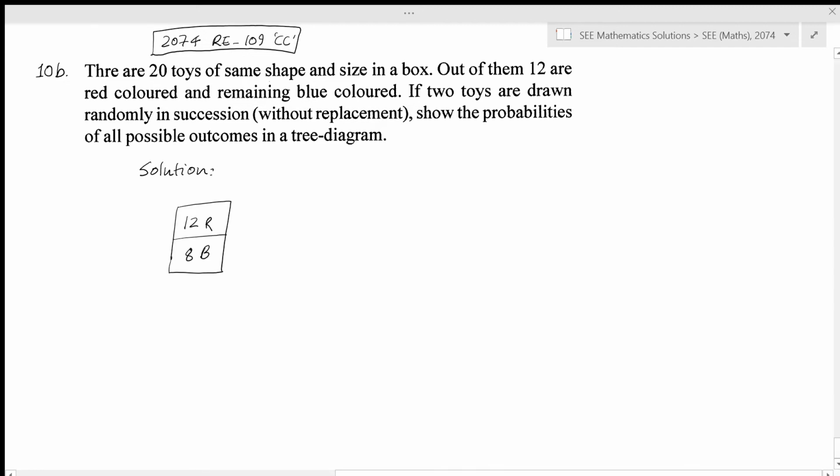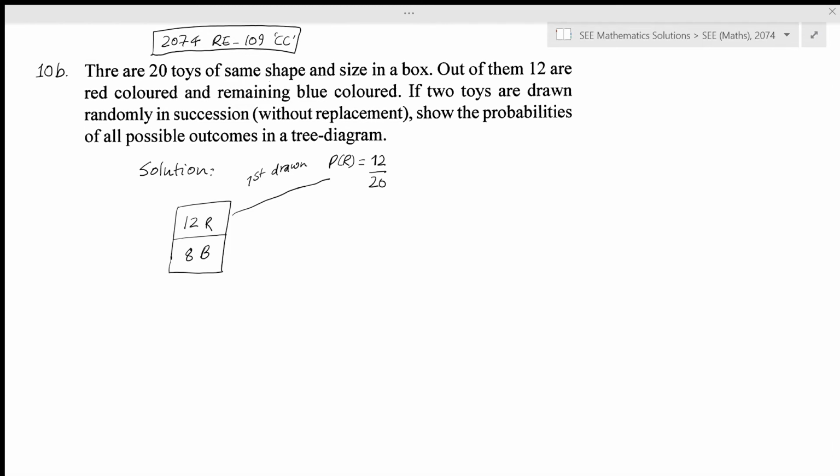So let's see the first draw. In the first draw, if we draw red, the probability of red: we have a total of 20 toys and 12 red toys. So the chance of drawing a red toy is 12 by 20, right? We have 12 different options out of 20 options, and these 12 options are for red. That's why the probability of getting red in the first draw is 12 by 20.